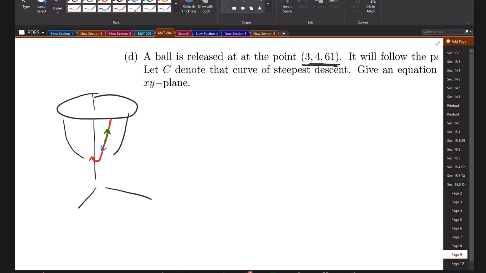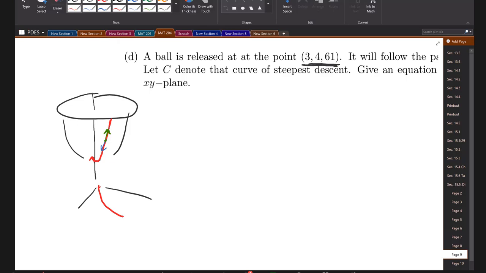And if we were to project this curve down into the xy plane, this curve would look something like this as the ball moves along the path of steepest descent. The reason why it doesn't fall in a linear fashion towards the origin is because this isn't a circular paraboloid, it's an elliptical paraboloid.